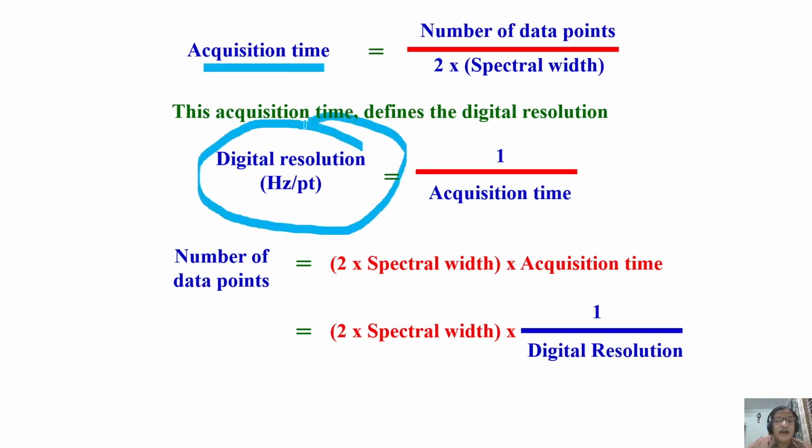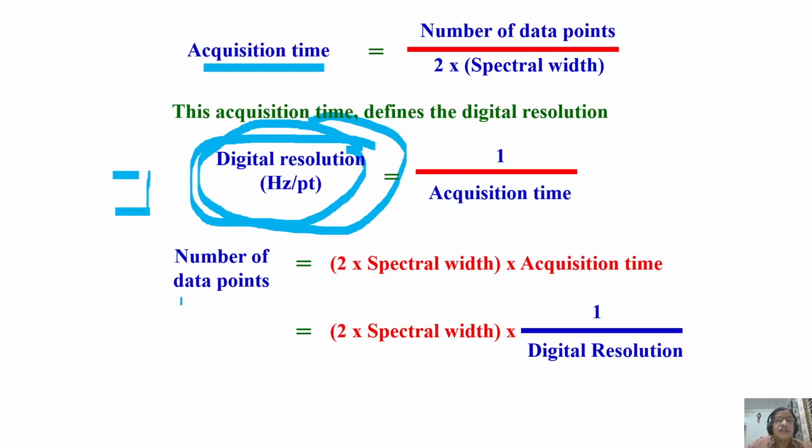It is called hertz per point. And the time between two data points is called dwell time. That is very important. The shorter the dwell time, the better is the resolution. Remember, the shorter the dwell time, the better is the resolution.